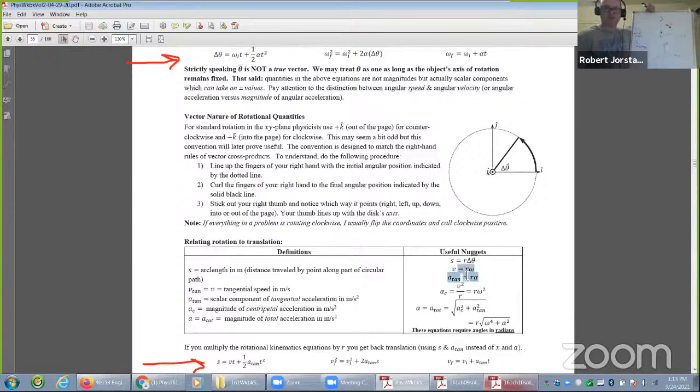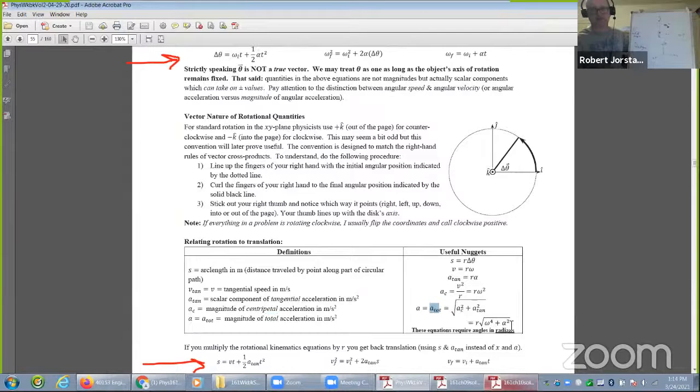So the idea here is these are equations that relate the translational quantities, S, V, and A tangential, to the rotational quantities, theta or delta theta, omega, and alpha. The total acceleration, so if somebody just says acceleration and makes no other claim or no other modifiers, that usually means total acceleration. And that we talked about last time.